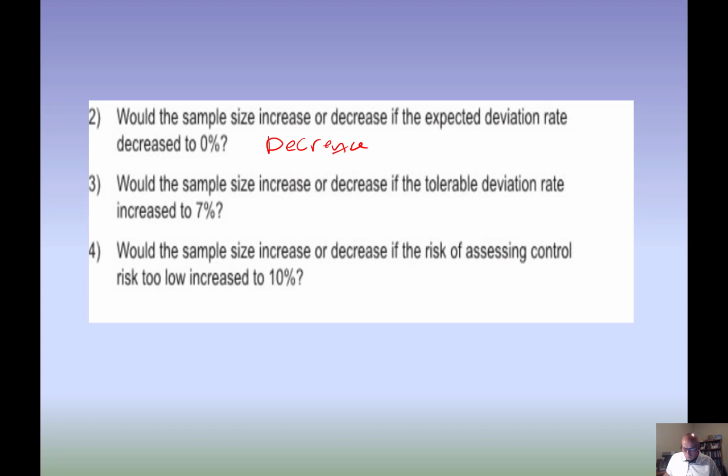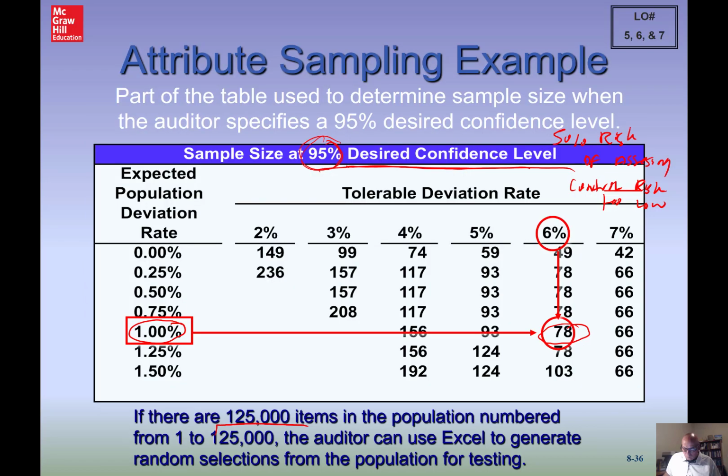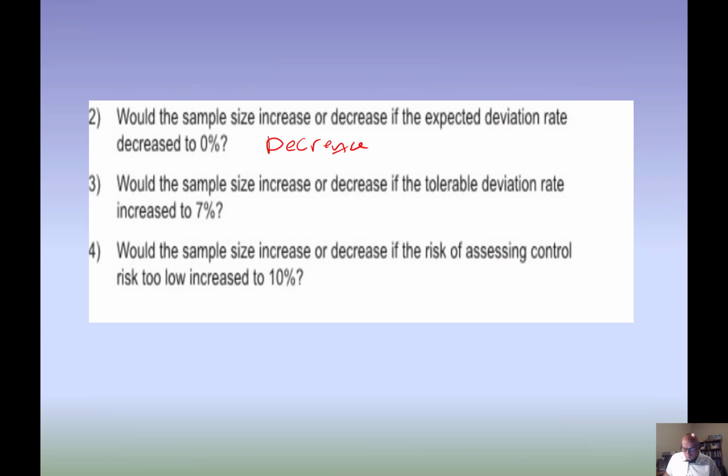If the expected deviation rate goes down, then my sample size goes down. You come over and take a look, and sure enough, if I decrease the expected deviation rate to 0, now we're at 49. So the sample size decreased. We were right. Not only could we say that it decreased, we can say that it decreased to 49. You can actually put a number in there.